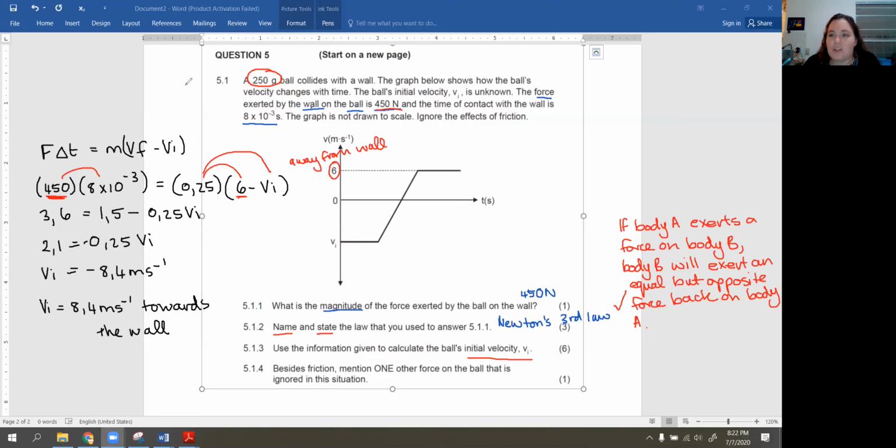Gravity. Okay, so please, don't write gravity, write force of gravity. Gravitational force. Or weight. All of those are options to describe your force.